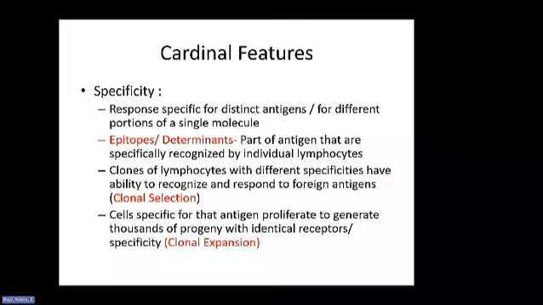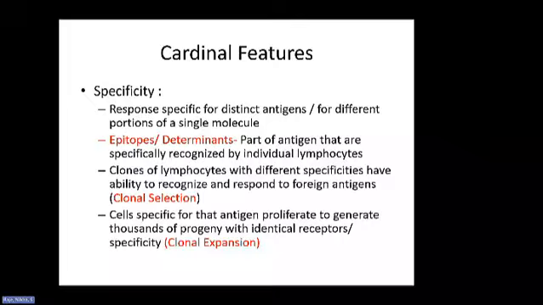Now, there are various clones of lymphocytes that have different specificities, so they are able to recognize and respond to a particular antigen. When a lymphocyte proliferates to make more cells, all the lymphocytes of the same specificity together are called a clone, one clone for each specificity.